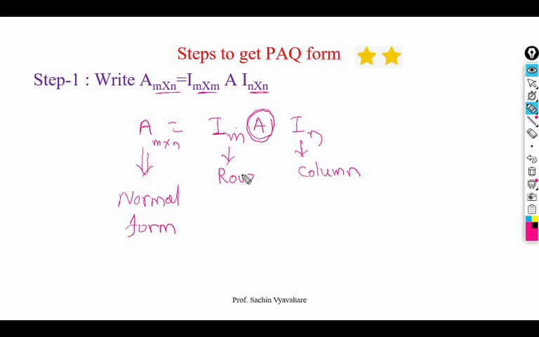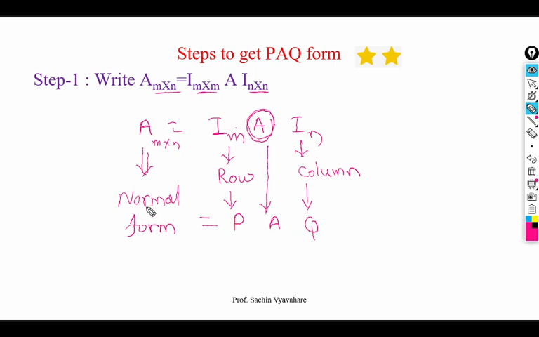So when you apply all the row transformations, it gives you the matrix P here. This middle matrix remains as it is, it is A. When you apply all the column transformations on the last matrix, it gives you the matrix Q, and automatically you will get PAQ, the multiplication PAQ in the normal form.